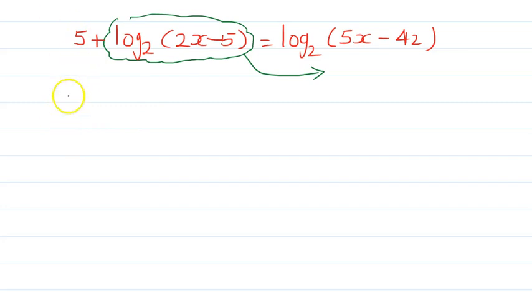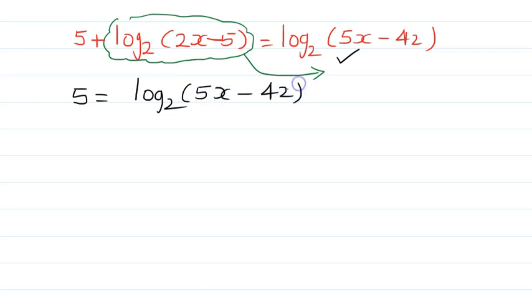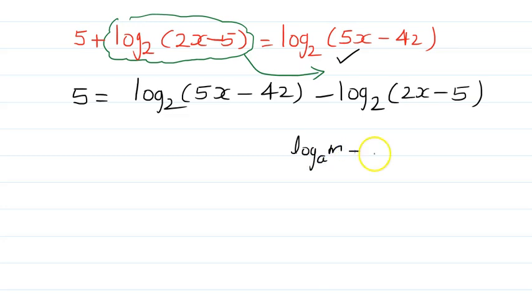So 5 equal to log base 2 of (5x minus 42) minus log base 2 of (2x minus 5). And we know this rule: log base a of m minus log base a of n equal to log base a of m over n.